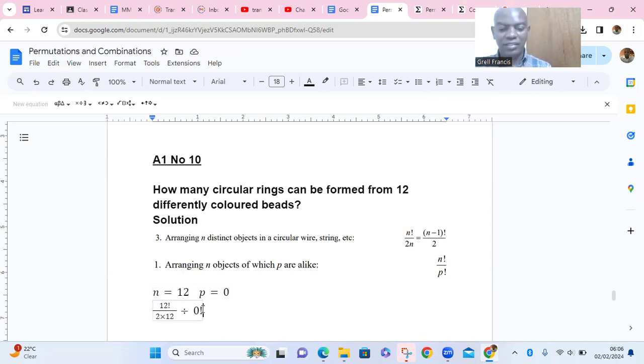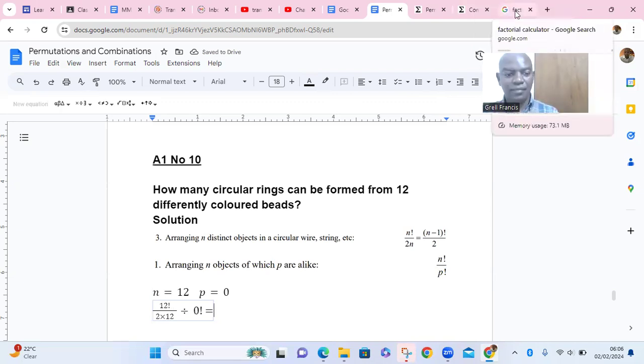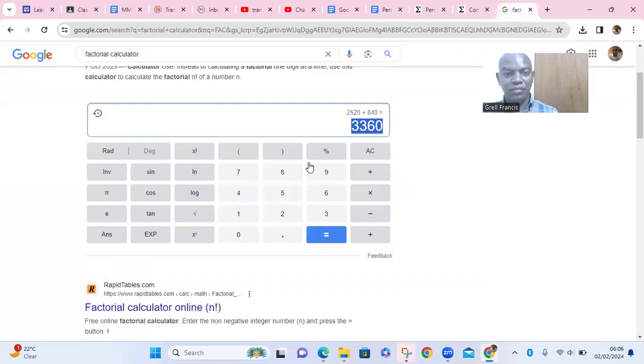And let's see what this gives us in our calculator. That's 12 factorial divided by 2 times 12 divided by 0 factorial. And that's 199,584.